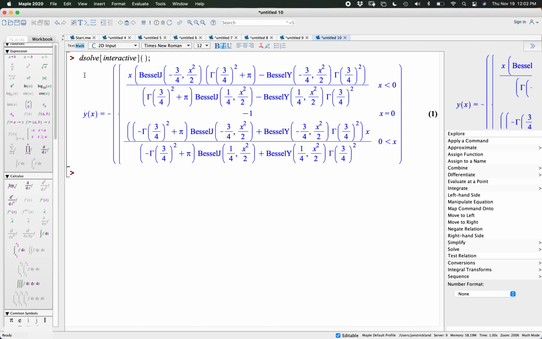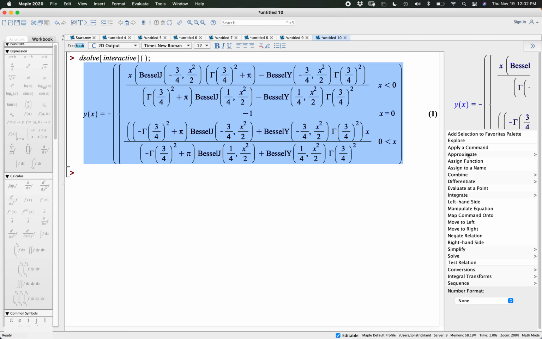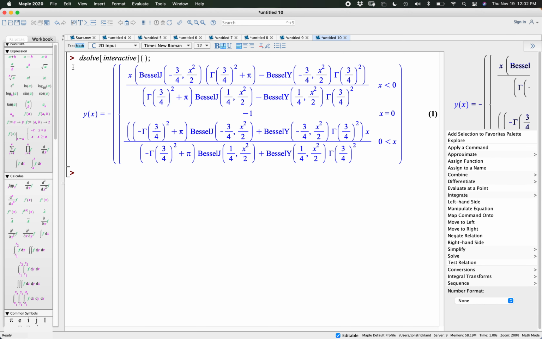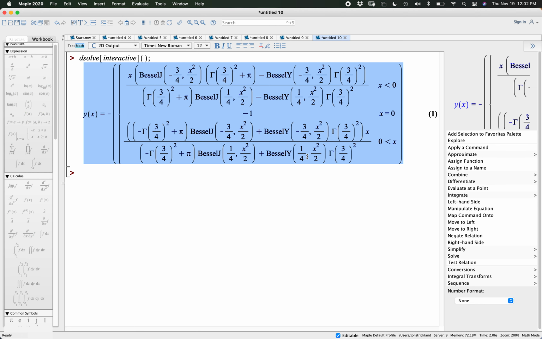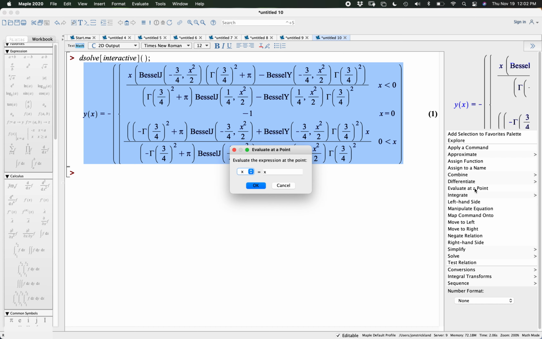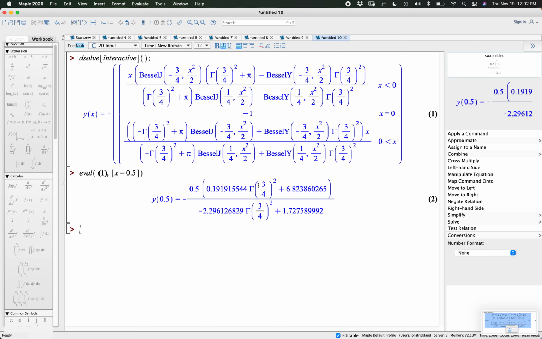Now, taking what we have here, I'm looking at whenever x is at 1/2. So you can go with evaluate at a point. If I evaluate at a point, with x at 0.5, I get this particular display.